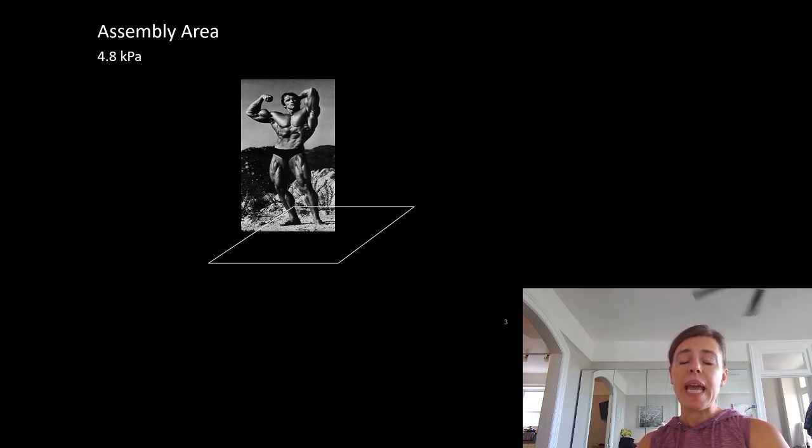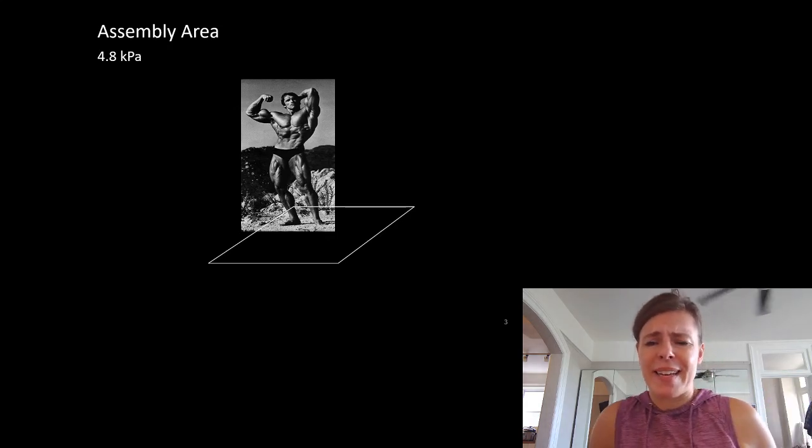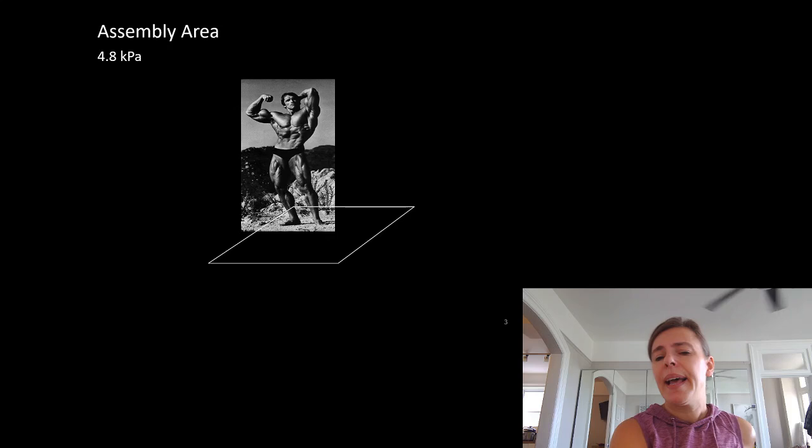So if we said that Arnold, I tried to find a modern day kind of famous person, man or woman, that weighs about 225 pounds. It was kind of hard. Arnold is pretty much the closest. He's 229, but we're going to round that down to 225, or he was in the day.